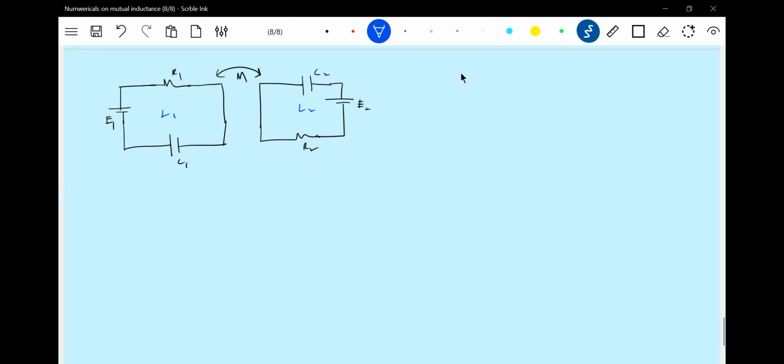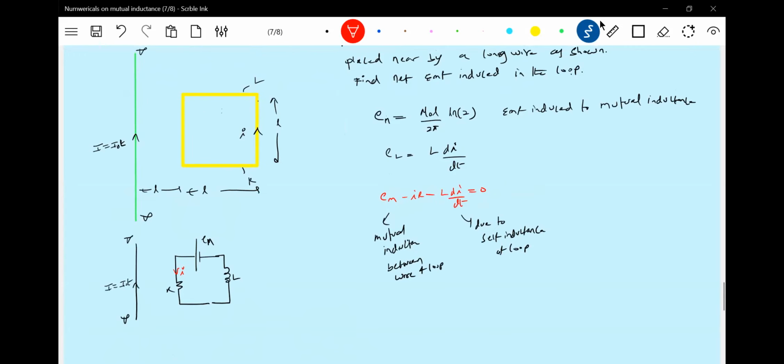Let I1 be the current flowing here. Let I2 be the current flowing in this loop. Net EMF means the total resultant EMF, EM minus EL.